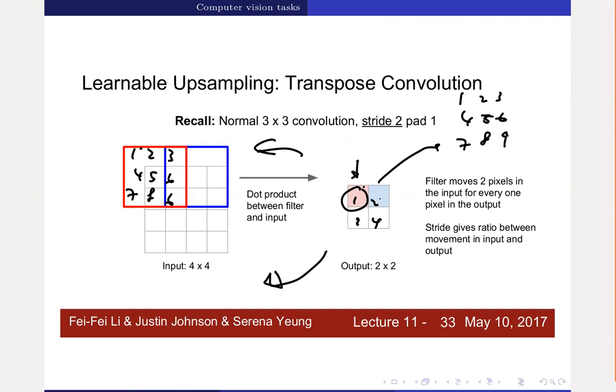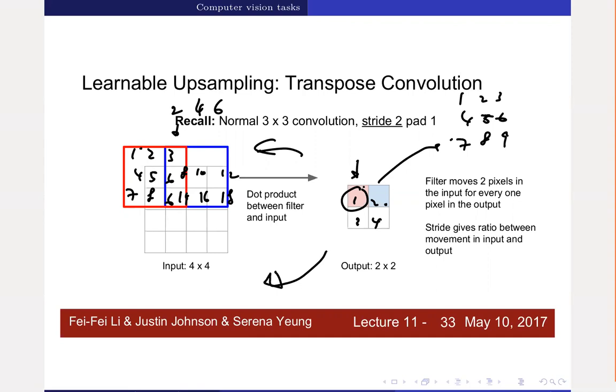And then do the same thing for this one, multiplying by this kernel. Then I have 2, 4, 6, 8, 10, 12, 14, 16, 18, something like this, right?